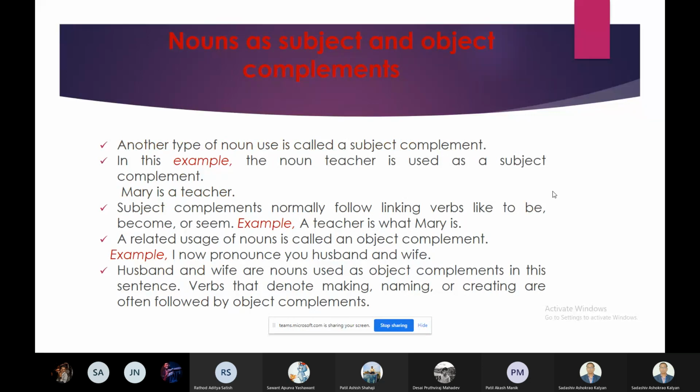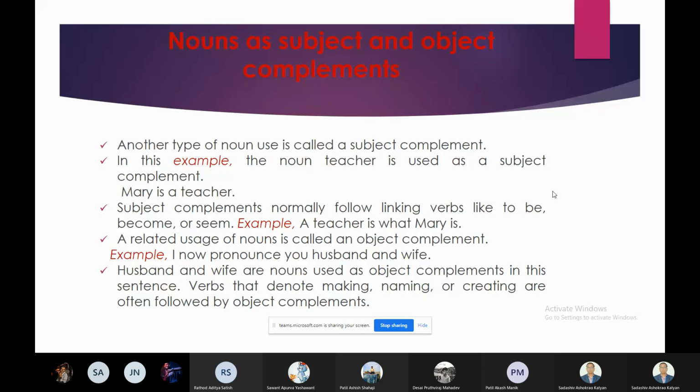Okay, so in this example, we find the noun teacher, which is used as a subject complement. Mary is a teacher. This is one example which is given to us. In this example, the noun teacher is used as the subject complement in this given sentence.